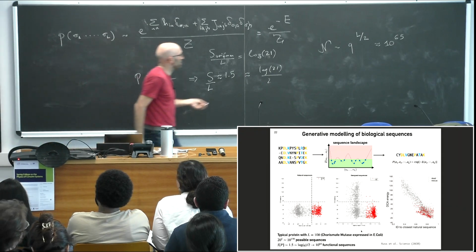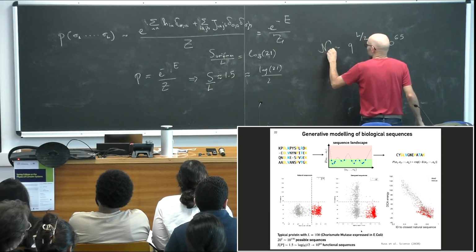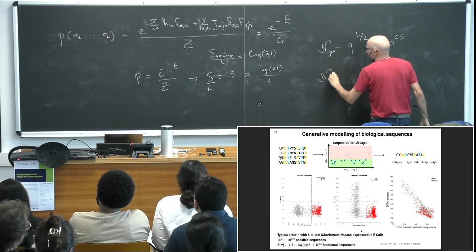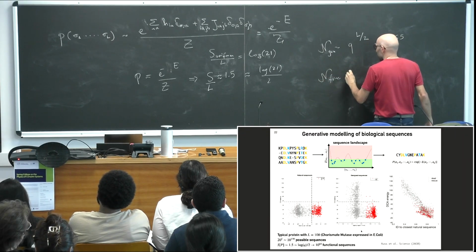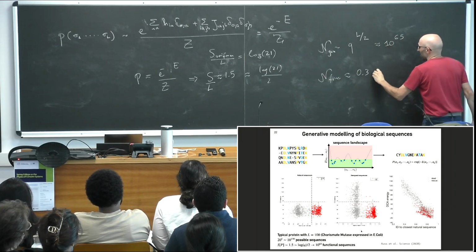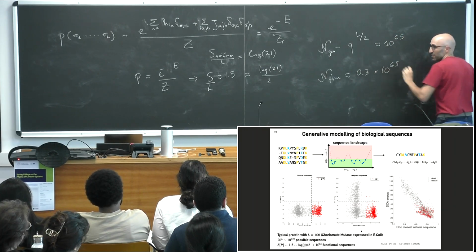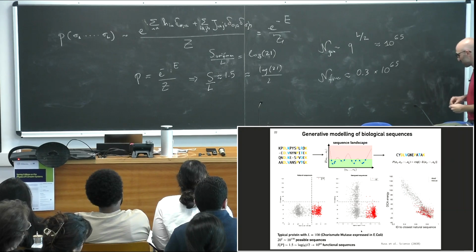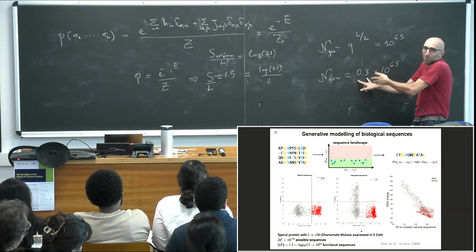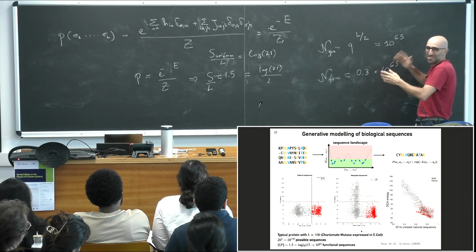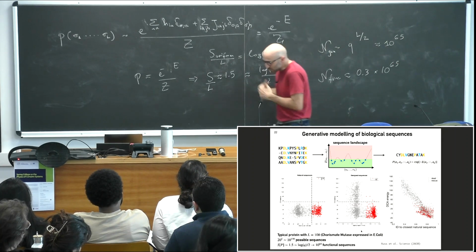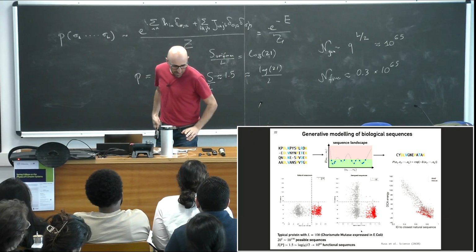So the number of functional sequences is going to be 0.3 times 10 to the 65, which is still huge. The point is, if the success rate is of order 1, then compared to the entropy, it's nothing.